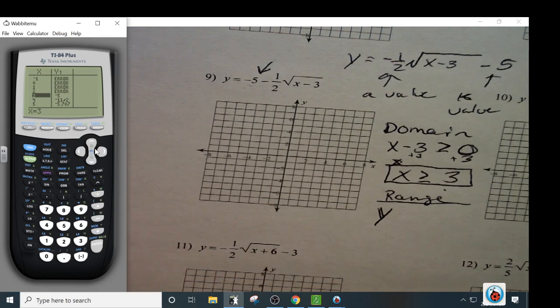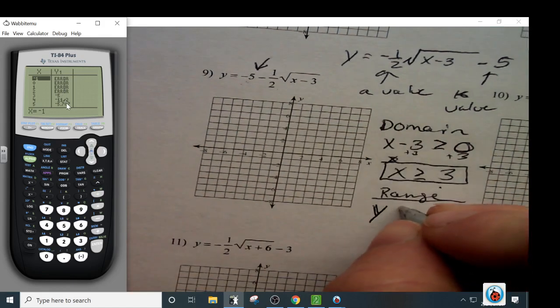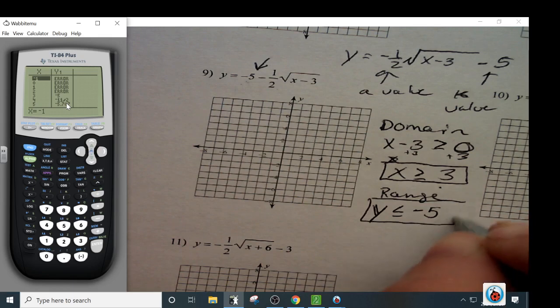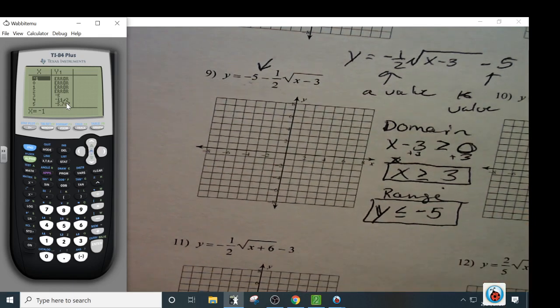If I go greater than -5, what happens? I get an error, right? If I go greater than -5, right here, I get an error. So is it going to be greater than or less than? It's going to be less than. Y values less than or equal to -5.